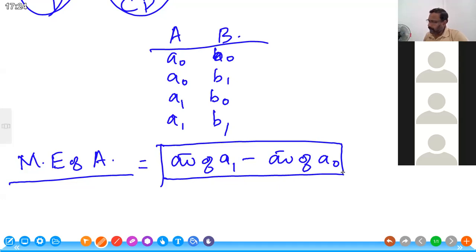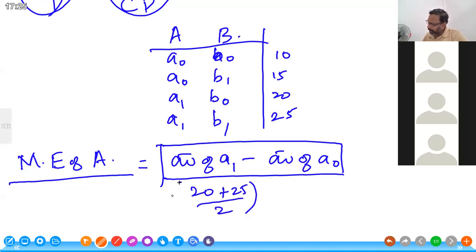So let's say here we have values 10, 15, 20, 25 as an example. Now, what is the average of A1? 20 plus 25 divided by 2, minus the average of A naught, which is 10 plus 15 divided by 2.